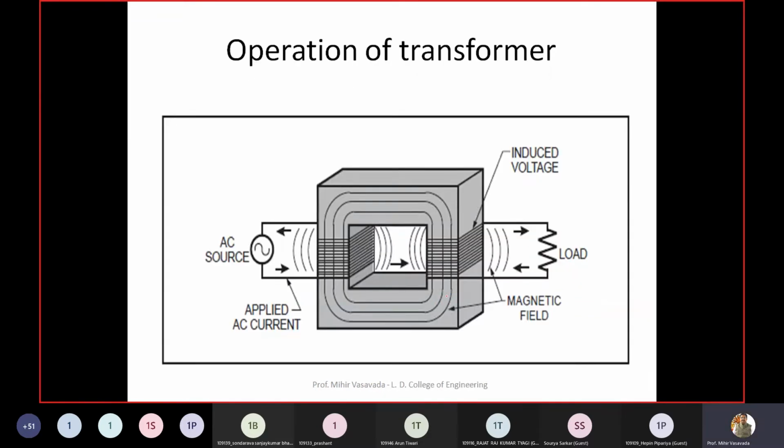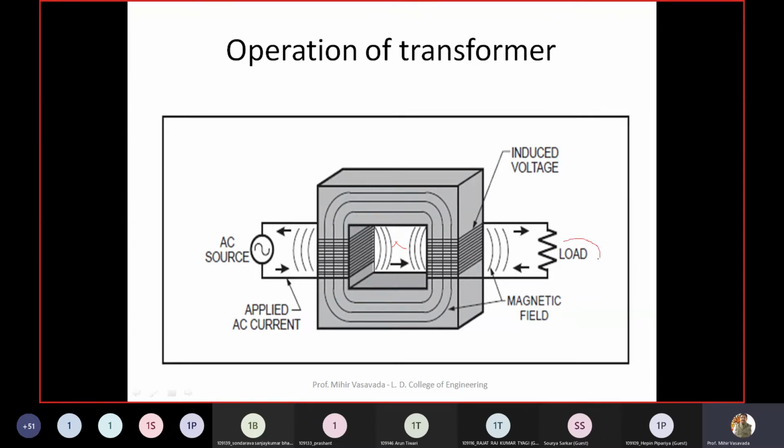This is the operation of a transformer. Symbolically, you can explain: we are giving AC voltage. Because of that, alternating current will pass through this winding. The winding is wound here, and because of that, flux is set up in the core. This alternating flux, when set up, links with the other winding and will induce an EMF.